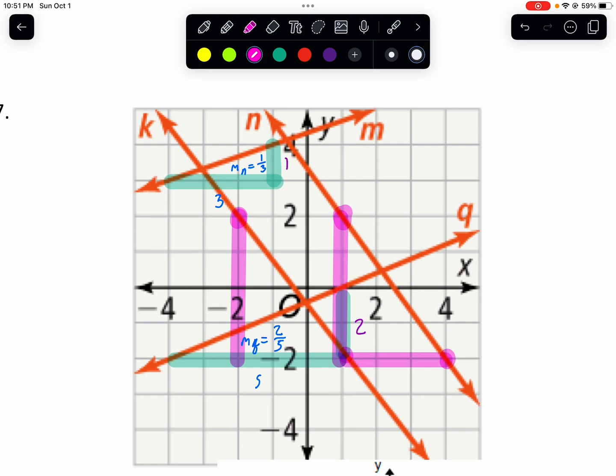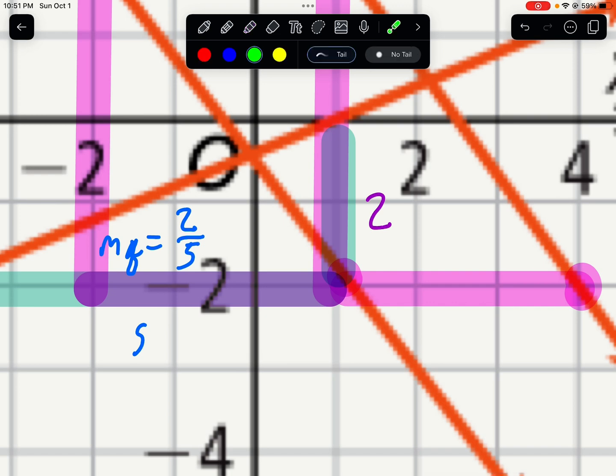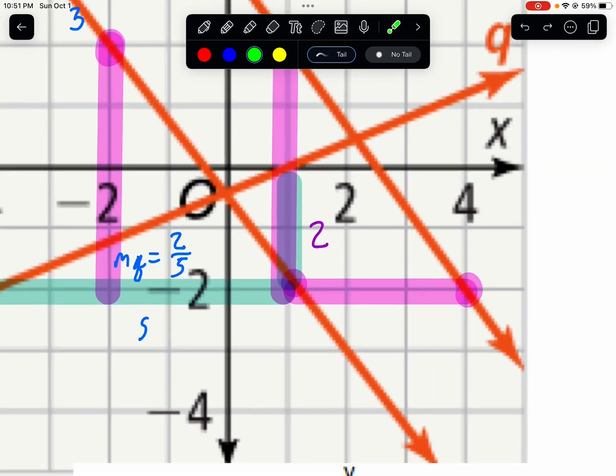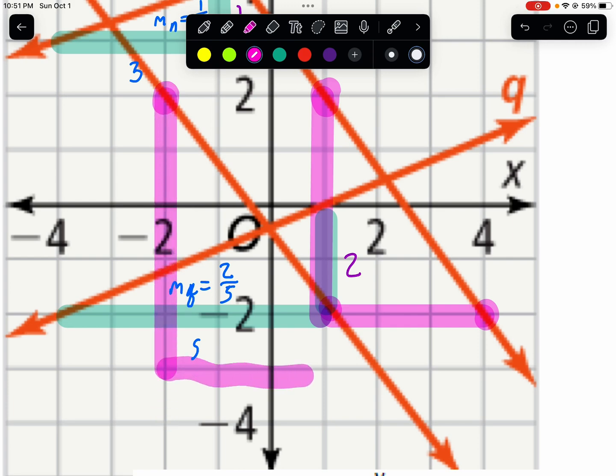And it goes over 3. Wait a second. If I look super close, the intersection's right here, but the line's here. So that's actually not a good place for it. I want to make sure it actually goes to the right spot. So I'm going to go down 5 and over 4.